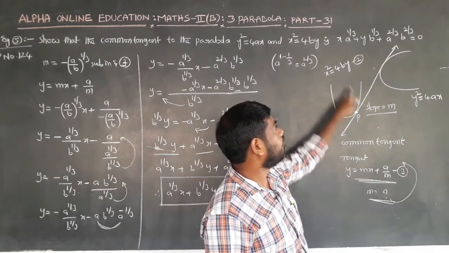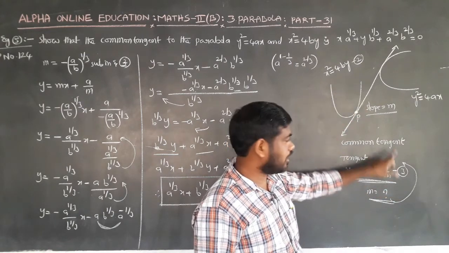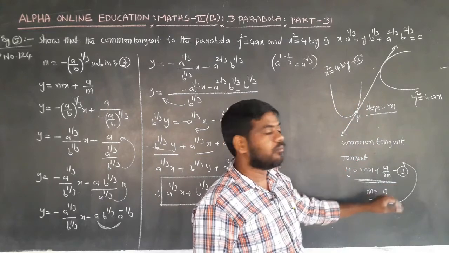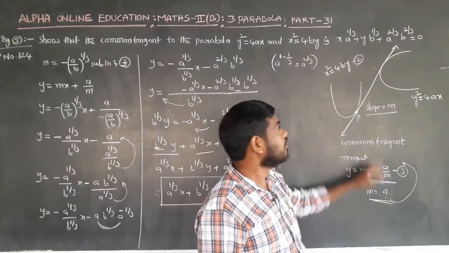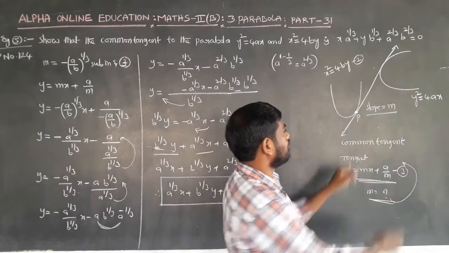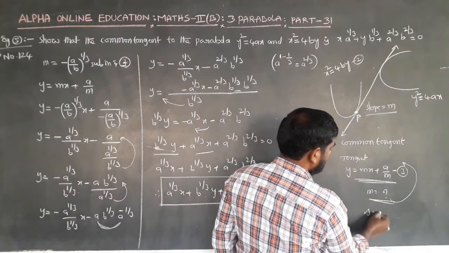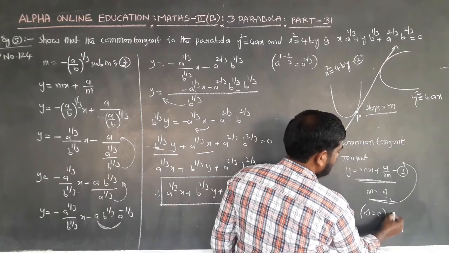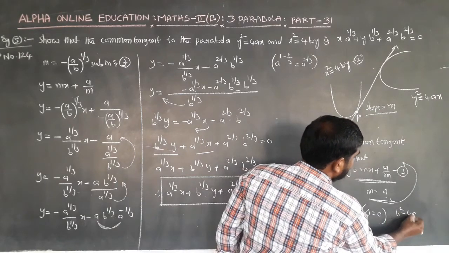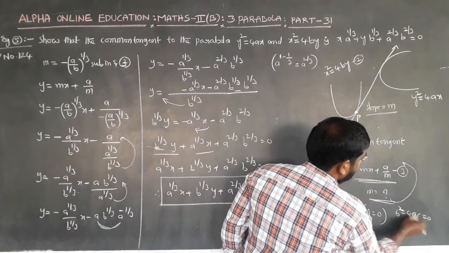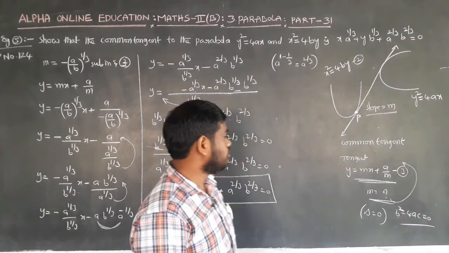Solving 2 and 3 for the value of m. Here P is the common point, so find the discriminant equal to 0. Discriminant means b square minus 4ac is equal to 0.